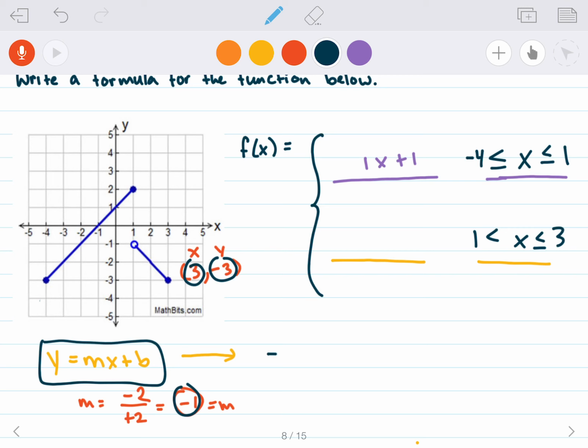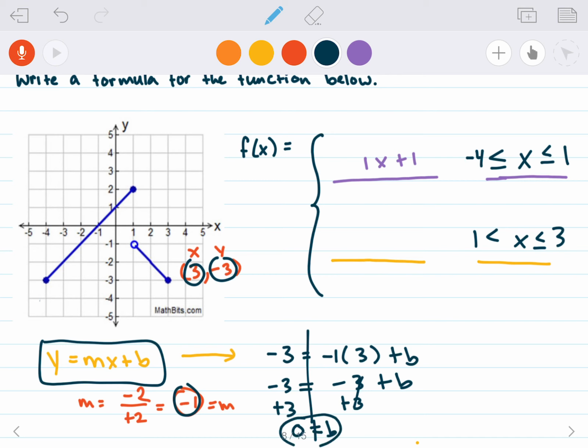So we have y equals m times x plus b. Let's go ahead and solve for b. On the right side, when I do -1 times 3, that's going to give me -3 plus b. And now I can add 3 to both sides to get b equals 0. So that is my y-intercept.